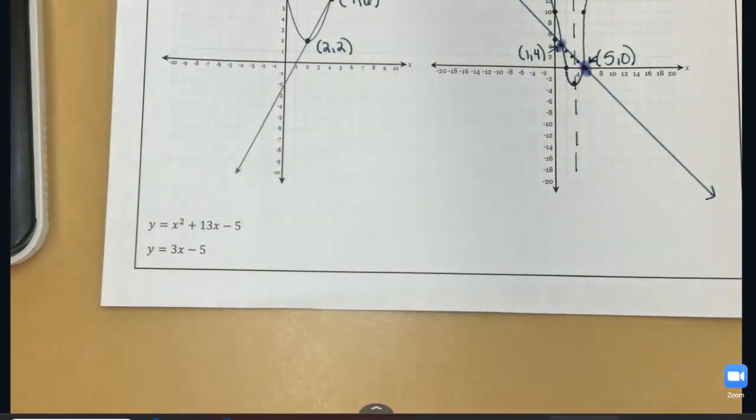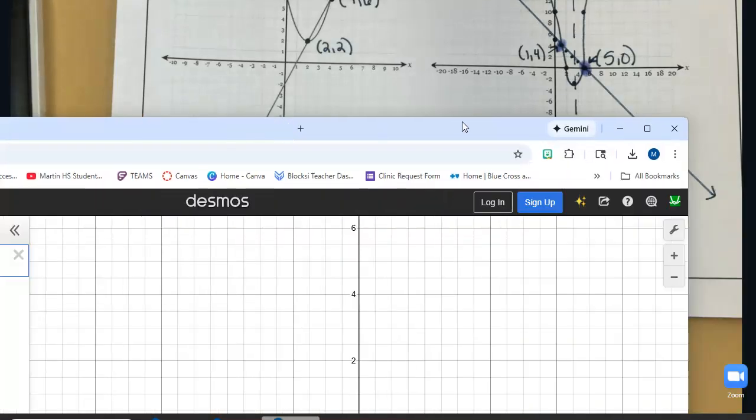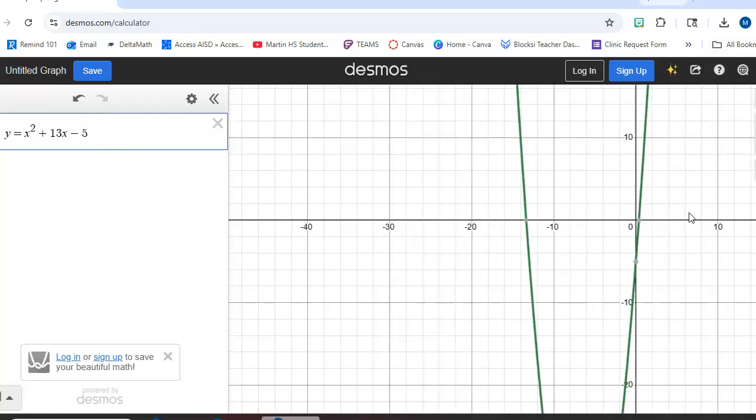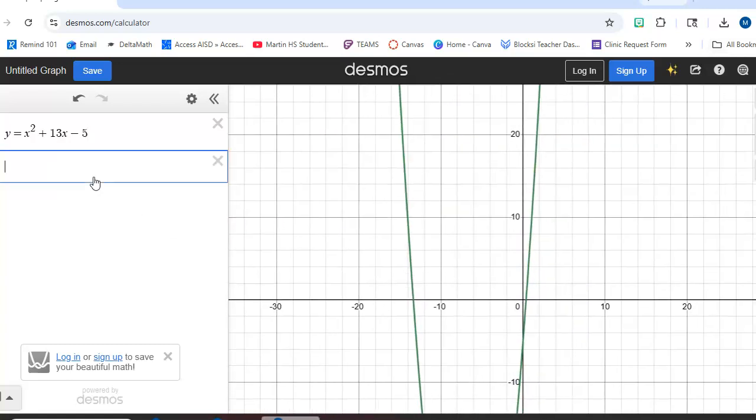I am going to graph both of those equations and look for where they cross. So the first one, y equals x squared plus 13x minus 5. And on the other one, y equals 3x minus 5.